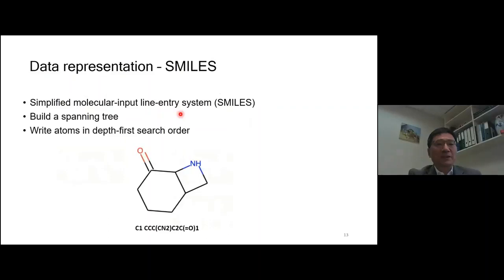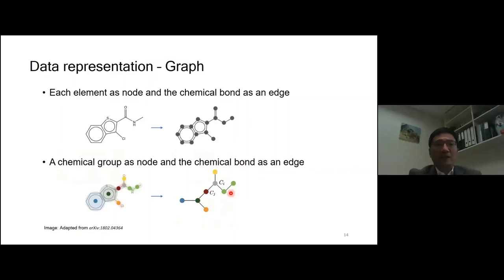So we need to build up a spanning tree and search order, as I showed here. Then each element is a node and the chemical bond is an edge. The chemical group can also be a node, with the chemical bond as an edge.